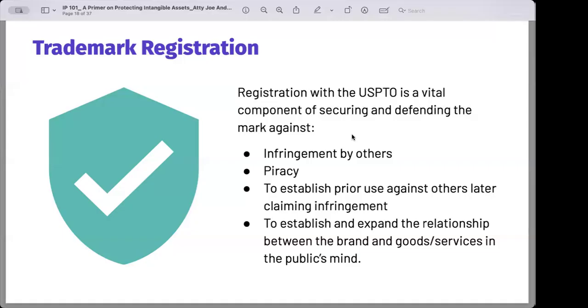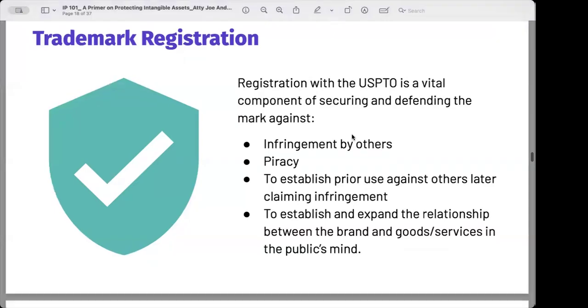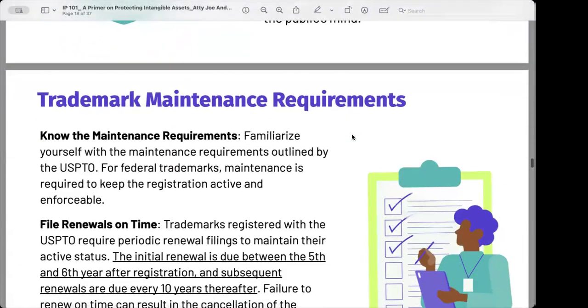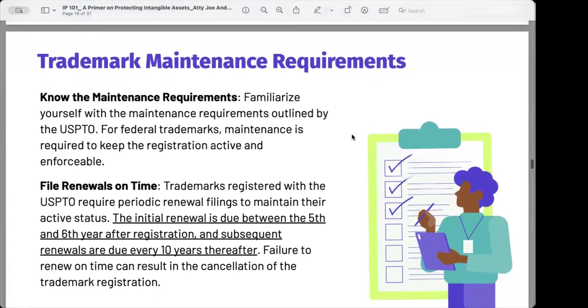We do those on a flat fee basis and make sure that you have come up with something that's original, that's not going to be confused with somebody else. And then once you do that, you want to register that and you want to make sure that you maintain it essentially by keeping track of your own mark and how it might be being used.